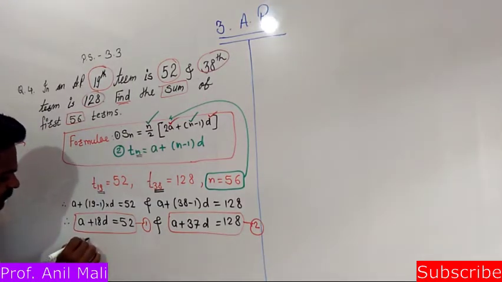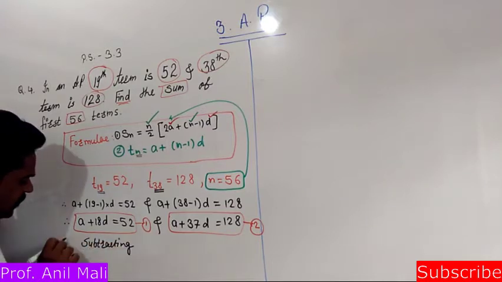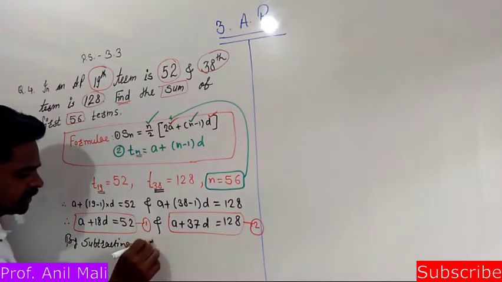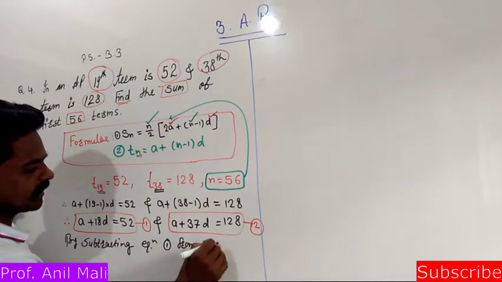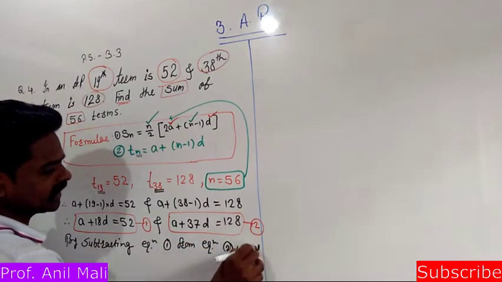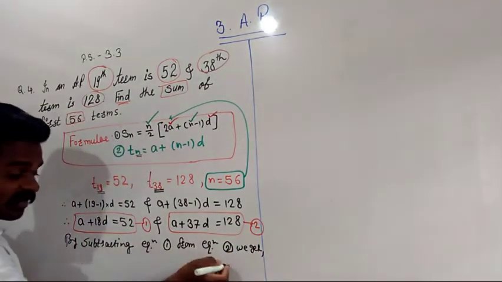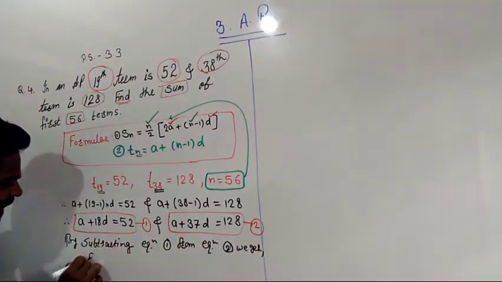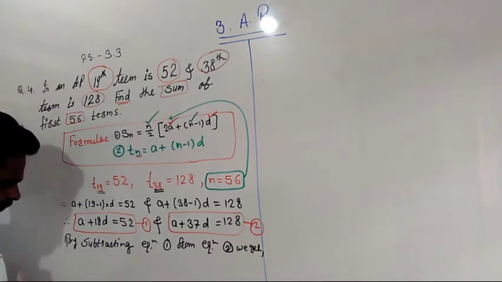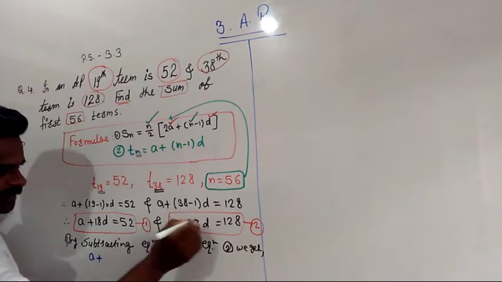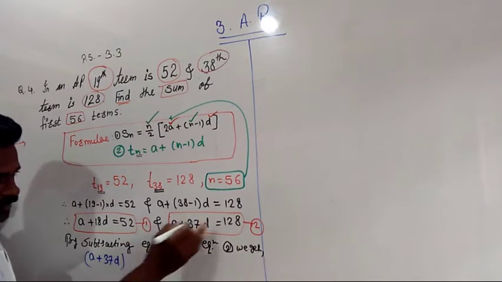By subtracting equation 1 from equation 2, what do we get here? We need to subtract equation 1 from equation 2, so first write 2. A plus 37D is equal to 128.